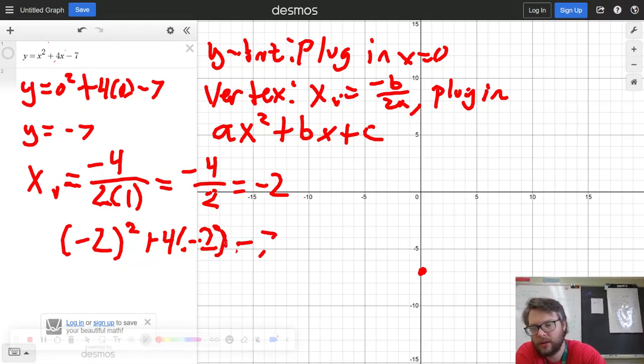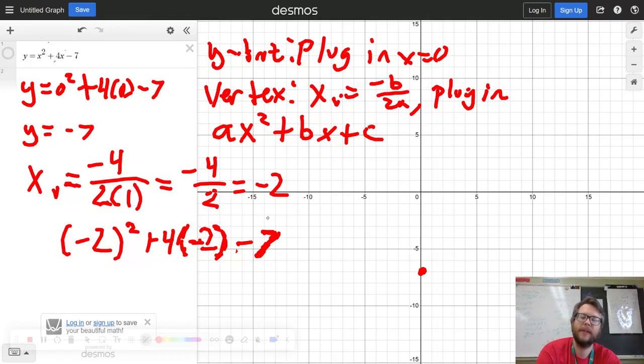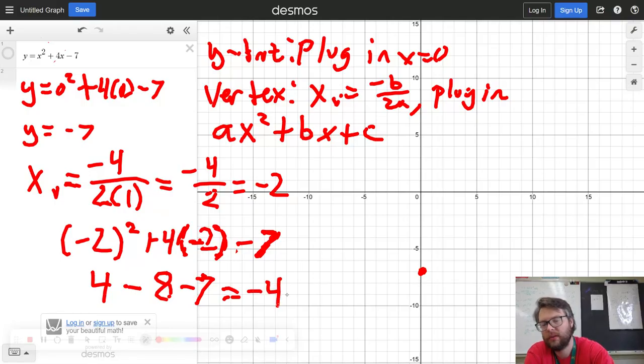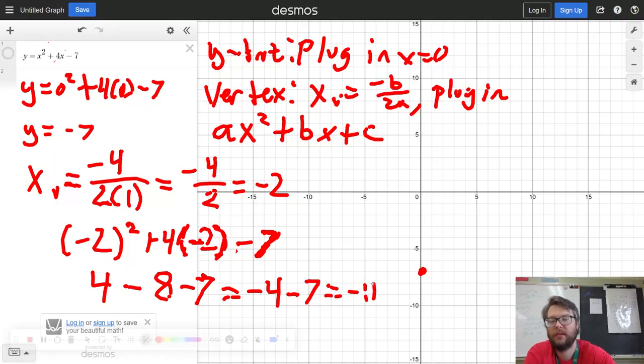My pen is giving me trouble today, but I'm just plugging in negative 2 for all the x's. Negative 2 squared means negative 2 times itself. That's 4. 4 times negative 2, negative 8. Negative 7 is just hanging out. 4 minus 8, negative 4. Negative 4 minus 7, negative 11. So we know the vertex is going to be down here at negative 2, negative 11.